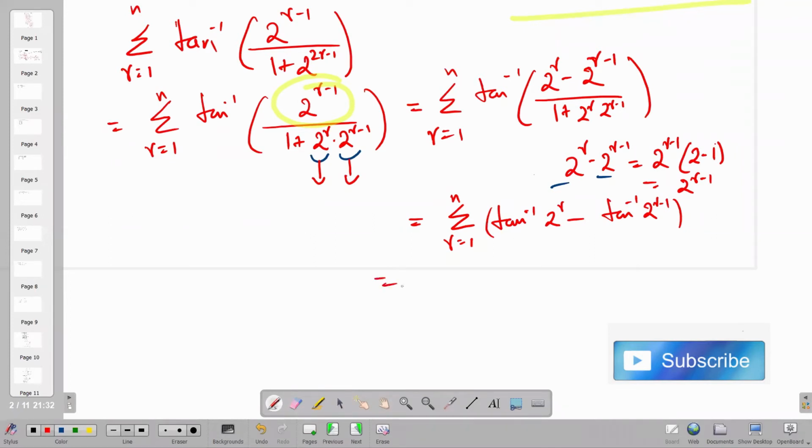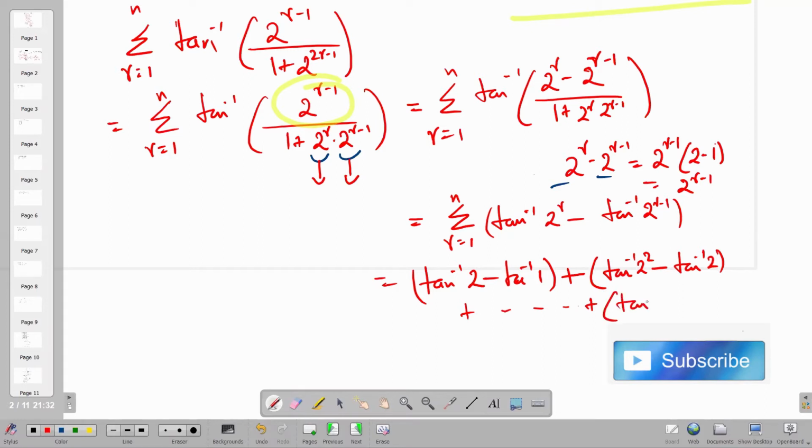Now if I put r from 1 to n, by putting r equal to 1, I get tan inverse of 2 minus tan inverse of 1. Therefore put a plus sign here. If I put r equal to 2, I get tan inverse of 2 square minus tan inverse of 2 to the power 1, that is tan inverse of 2, and hence so on. After putting r equal to n, I get tan inverse of 2 to the power n minus tan inverse of 2 to the power n minus 1.